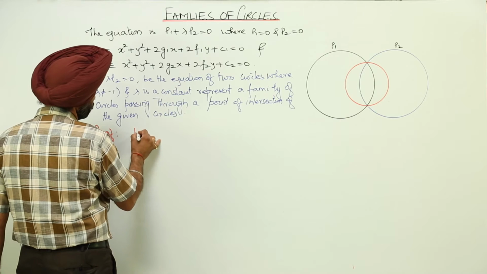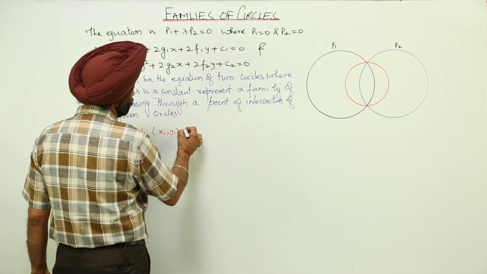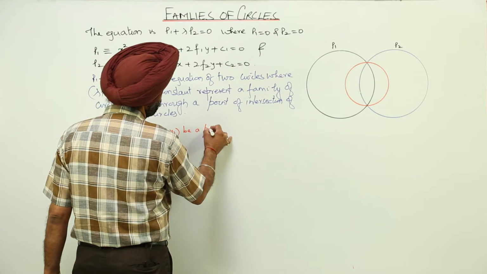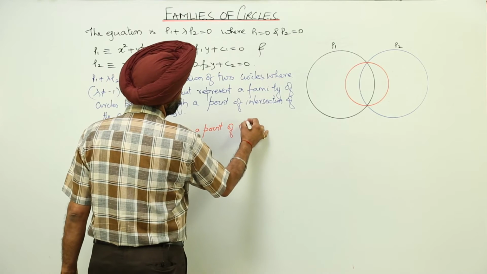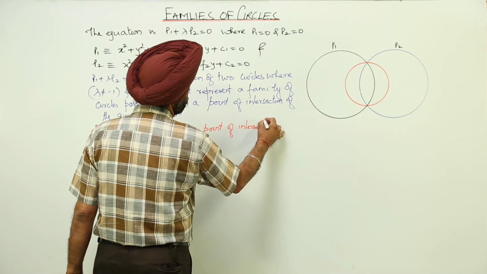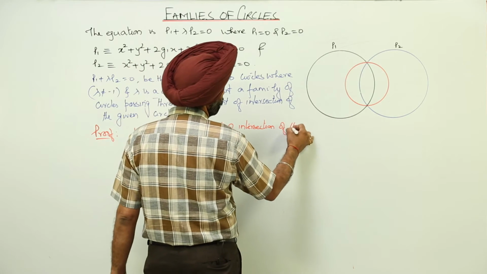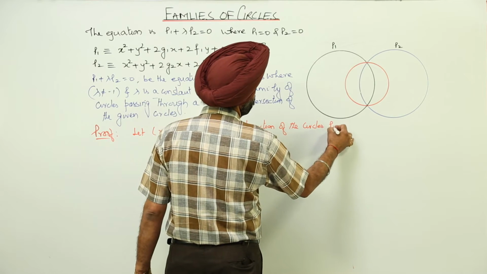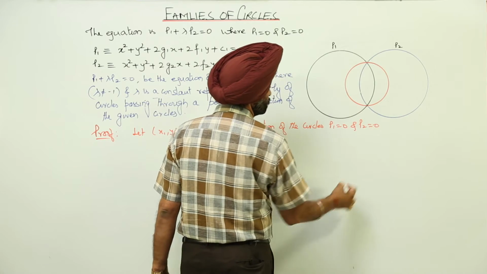Now proof: let x1, y1 be a point of intersection of the circles P1 is equal to 0 and P2 is equal to 0.